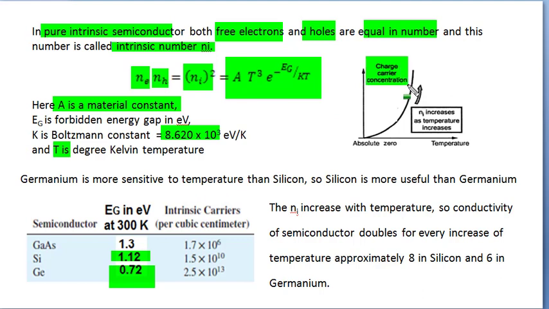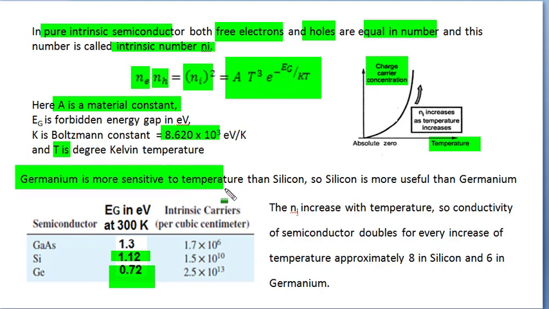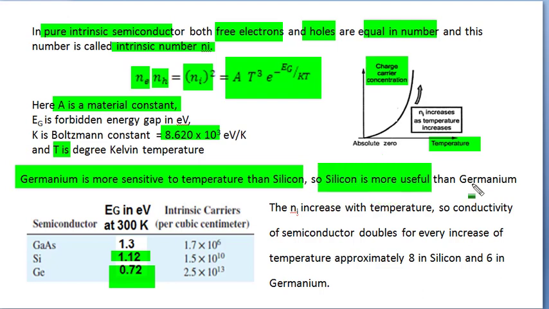So the intrinsic charge carrier concentration increases exponentially when we increase temperature, and since A is higher for germanium and E_G is smaller for germanium, germanium is more sensitive to temperature than silicon. So to safeguard our electronic circuits from temperature variation, we prefer and use silicon more than germanium.